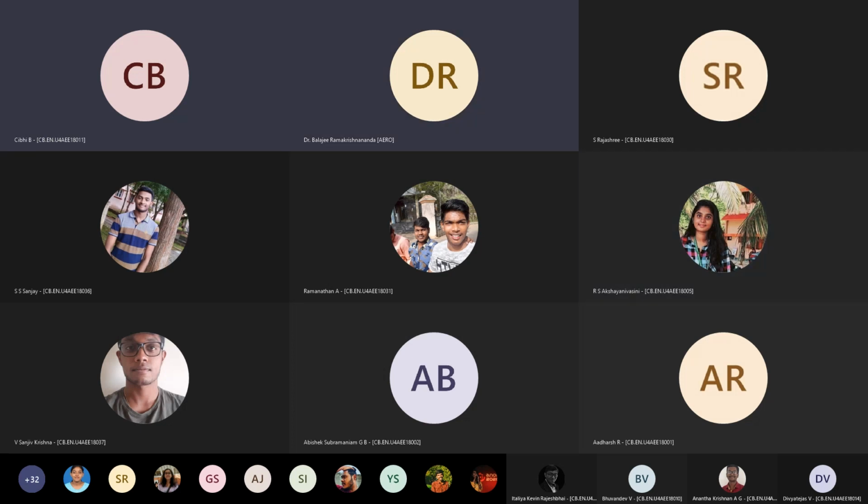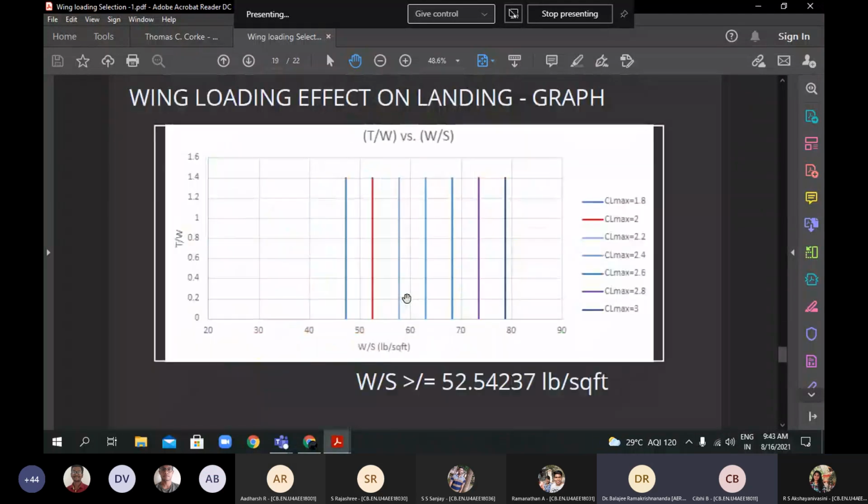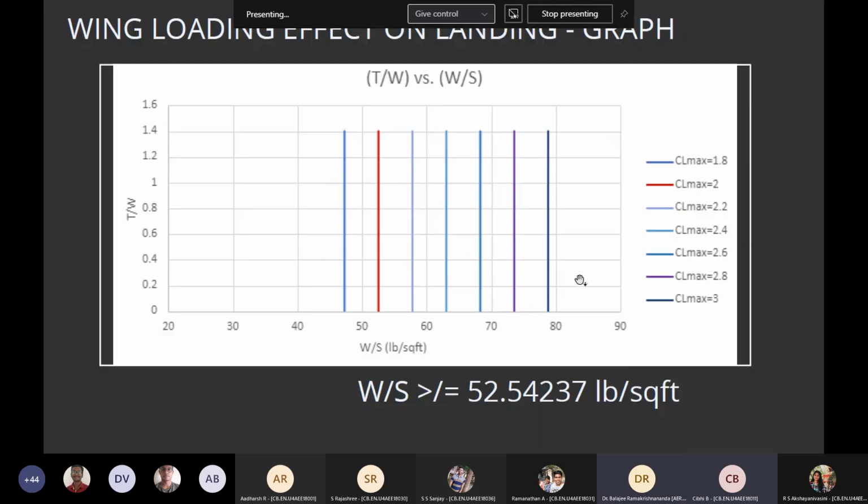Your feasible area should be on the left side of the landing constraint, but you have chosen the right side.